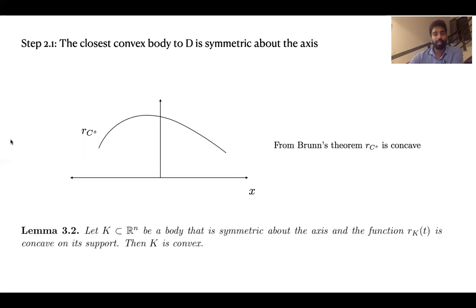This combined with the lemma which we prove, which says that any body that is symmetric about the axis and whose radius function is concave is convex, gives us that CS is convex.